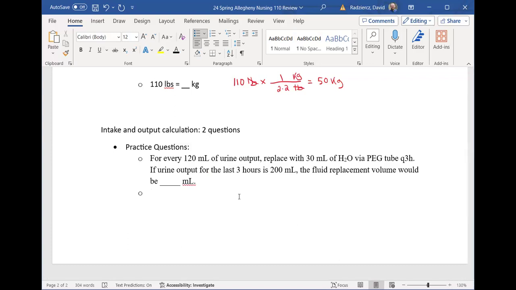At some of the other campuses, especially at Boyce, they will take a grouping of foods that are given to the patient, and then they calculate what that total volume is. So you have to do some converting, like quarts and cups and pints to milliliters, and then you just add it all together. I'm just going to focus on what you need to know, because as far as I know, you're not going to do what the other campuses do in that regard. You're just going to do this fluid replacement volume question.